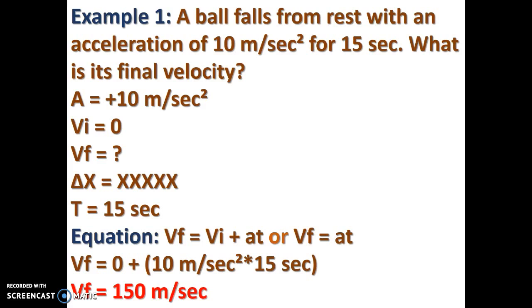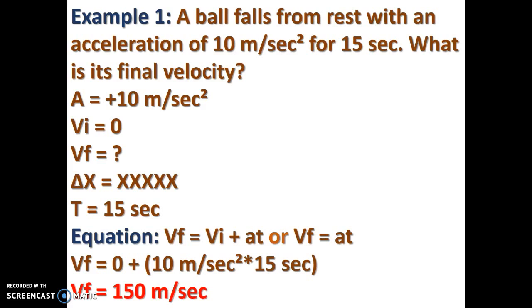Acceleration in this case is positive 10 meters per second squared. It's positive because the ball is falling, so we know that it's speeding up first, so we make our acceleration positive. Our initial velocity is 0 because it's falling from rest. We're being asked to find the final velocity, so that's what we want, and so notice that I put a question mark in there. The time is given as 15 seconds, so I put that in there.